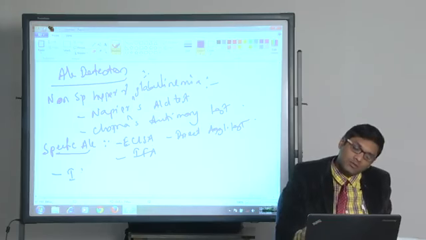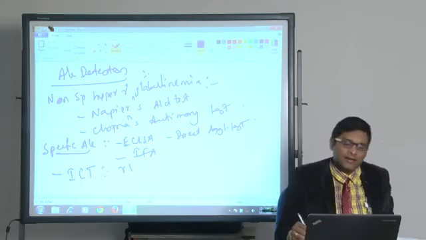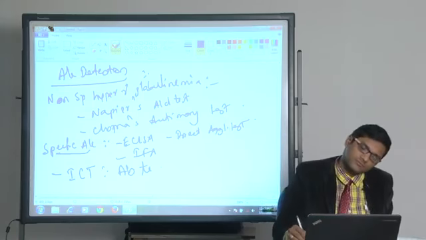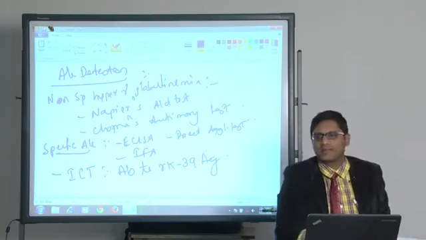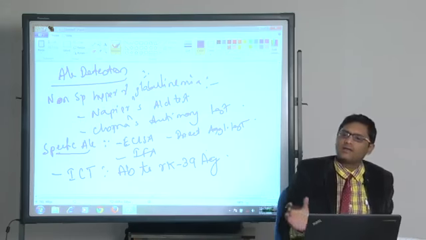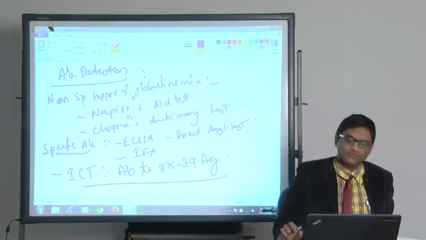The last but the most important is the immunochromatographic test, detecting antibody against rK39 antigen. This is upcoming and quite popular nowadays.